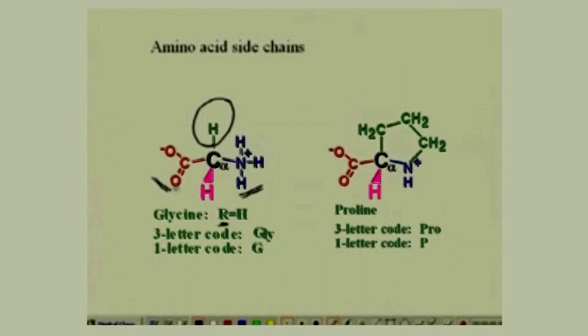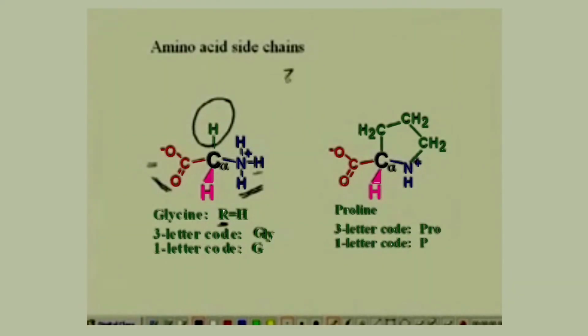This is because at physiological pH, this OH is lost due to the pKa value of the carboxylic group, which we will be doing in a subsequent class, and this amino group is protonated, which means that it has an additional hydrogen atom, making this nitrogen positively charged. This is what is called the zwitterionic form of the amino acid.